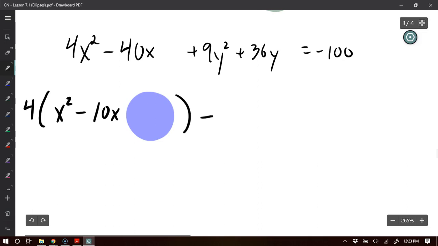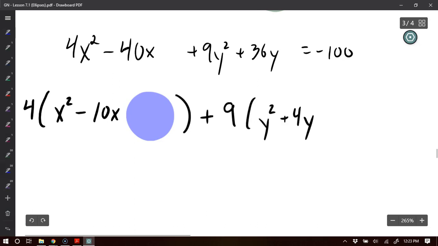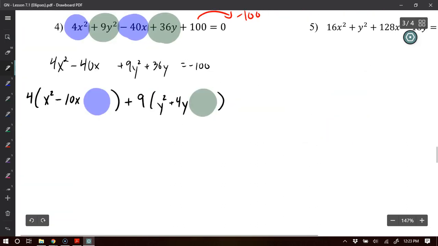I'm going to factor out, and that's a positive 9, so I'll factor out a positive 9, and that's going to give me a y squared plus 4y. And I'm going to insert the placeholder for that for when I complete the square on it. And it equals that negative 100, but I put 2 placeholders on the left side, so I had to put 2 placeholders on the right side to keep the equation balanced for it.